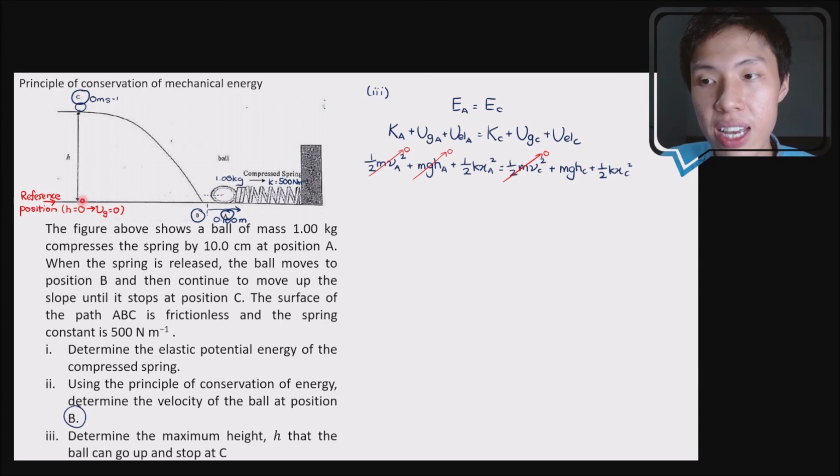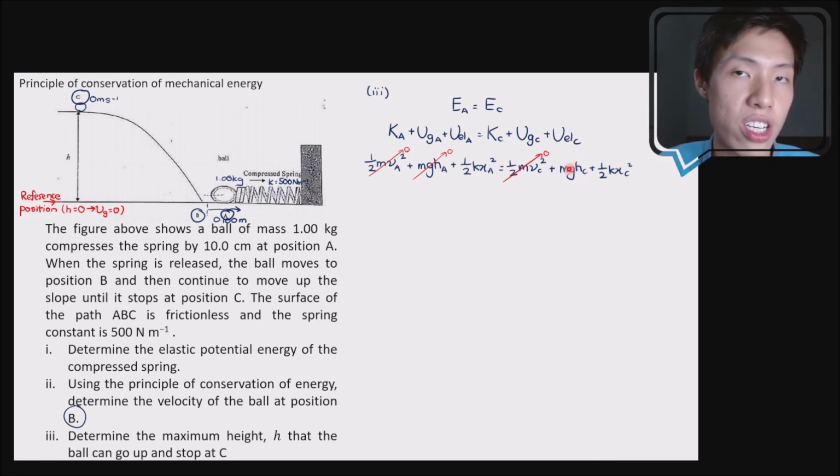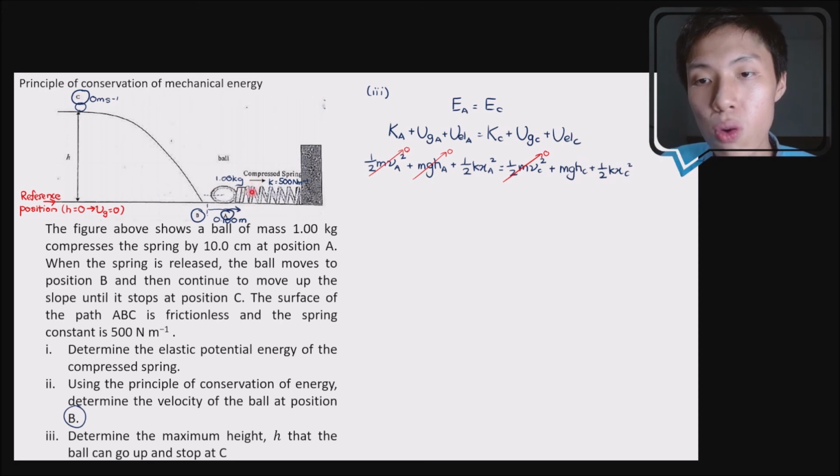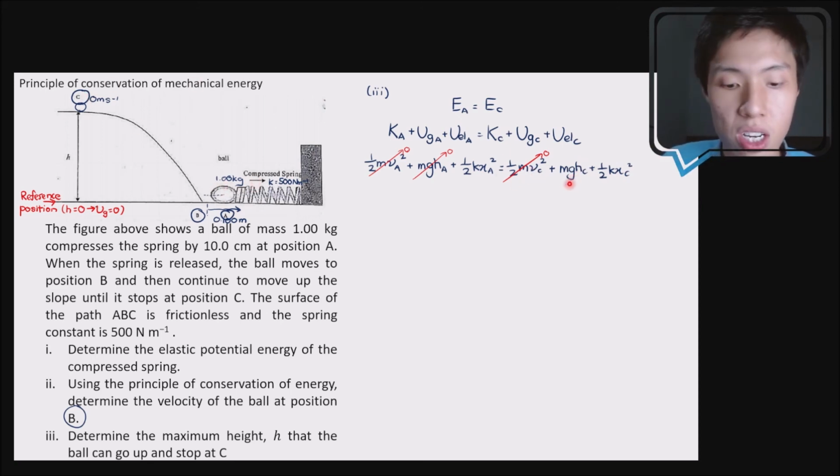Position C is at height h above the reference position, so therefore you have a positive gravitational potential energy. Next, for the elastic potential energy, the spring is no longer compressed when the ball is at position C. So you should expect the elastic potential energy here to be 0 as well.